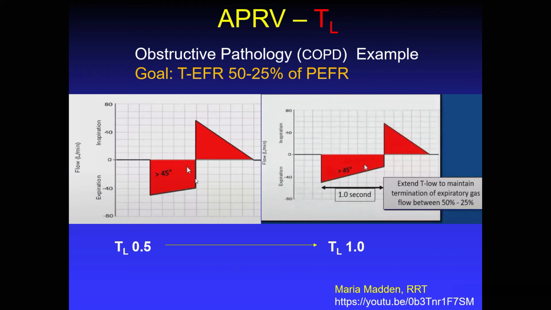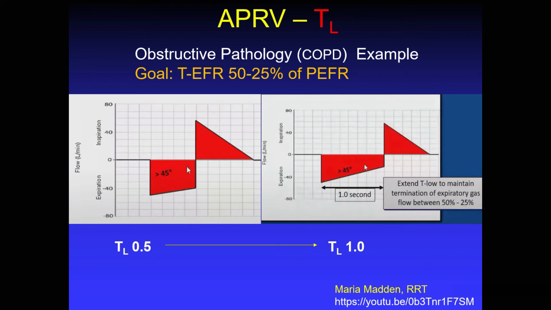In this example, a patient with significant COPD was initially ventilated with a termination to peak ratio of 0.75, like we do for ARDS, had significantly low tidal volumes and developed respiratory acidosis, after which it became clear that they had a significant component of COPD, so the T low was adjusted to a termination to peak ratio of approximately 0.4 with significant improvement. So this, you can see, gives them much more time to exhale against the obstructive component.